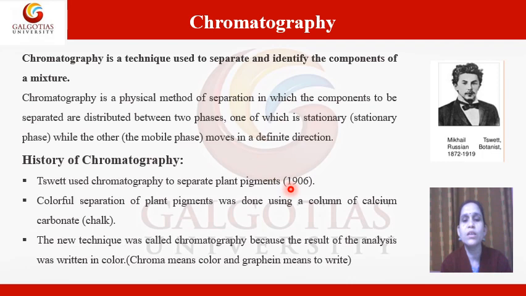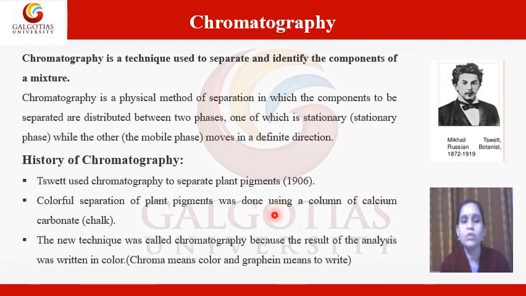So what was the history of chromatography? In 1906, M. Tswett, a Russian botanist, used chromatography to separate plant pigments. You know the pigments of the plant are different colors. This colorful separation of plant pigments was done using a column of calcium carbonate, that is your chalk.